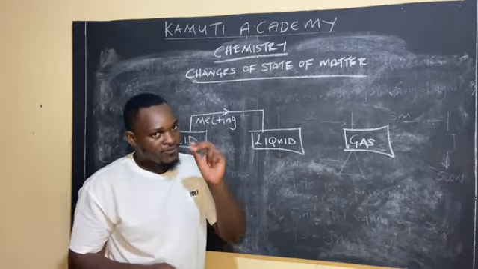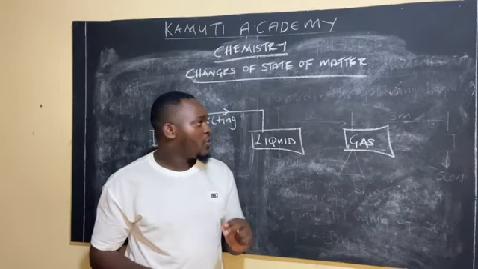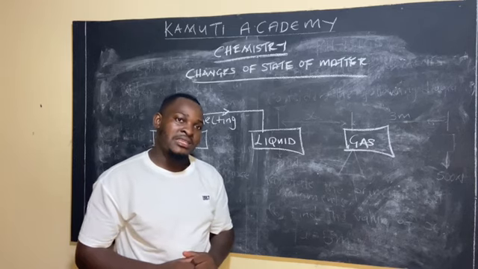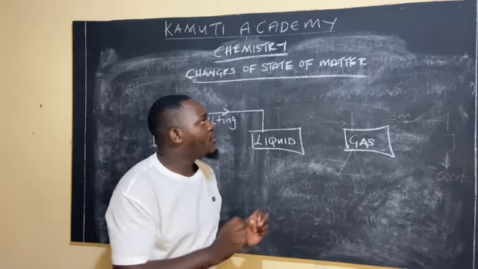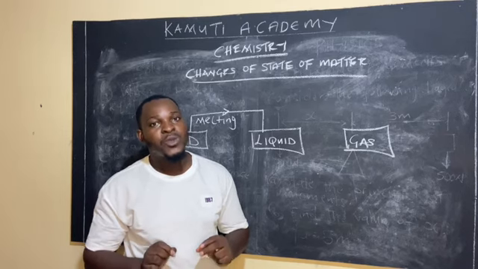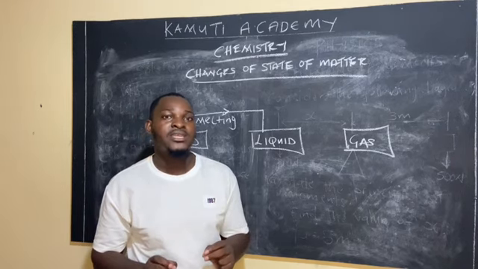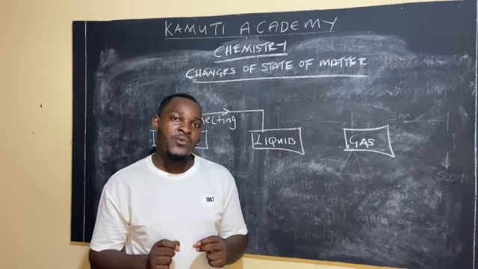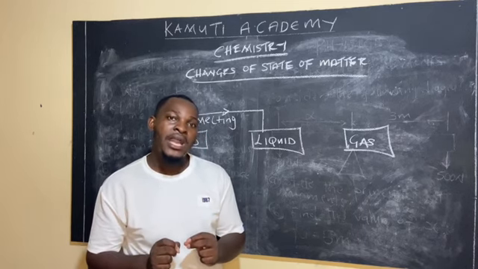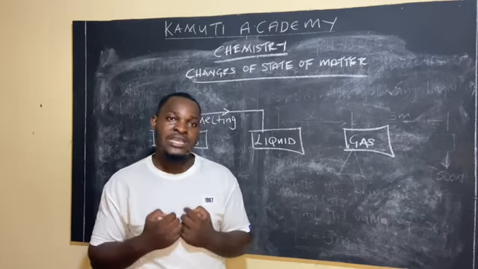Now, here is an exercise that you'll be doing as we are going to understand this. There are two types of reactions that I want you to understand every time we're looking at matter. There is what we call an endothermic reaction and an exothermic reaction. An endothermic reaction is a type of reaction where heat is absorbed inside.